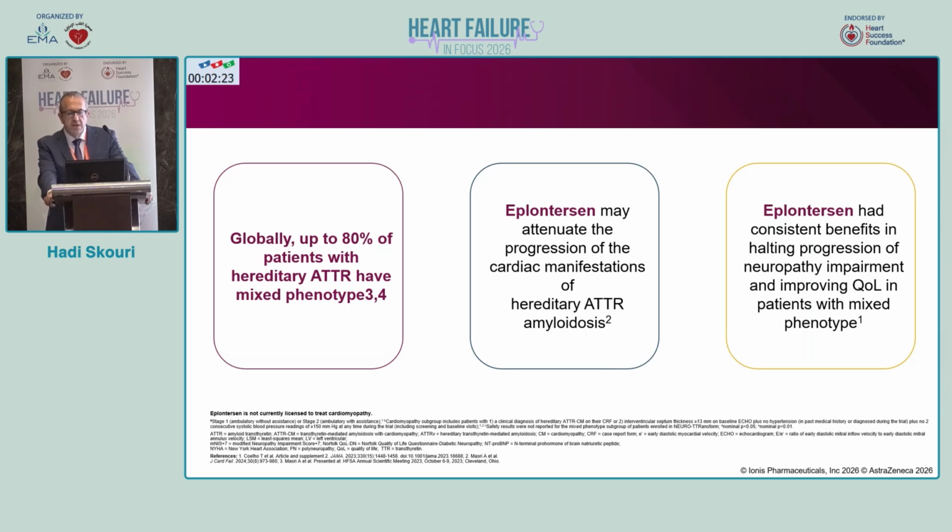Eplontersen may attenuate the progression of the cardiac manifestation of hereditary ATTR amyloidosis, but we are waiting for the CARDIO-TTRansform trial. Eplontersen had a consistent benefit in halting progression of the neuropathy impairment and improving quality of life in patients with mixed phenotype too.